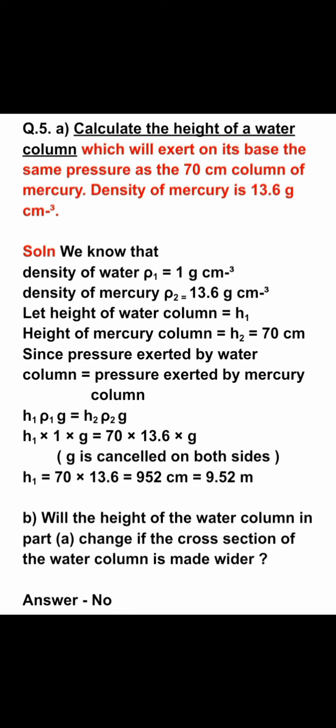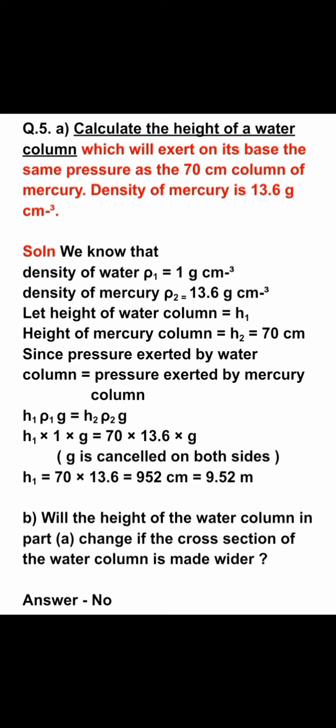Density of mercury, which we have taken rho 2, is given 13.6 gram per centimeter cube. Let the height of water column equal H1 and height of mercury column equal H2, and its value is given 70 centimeter.